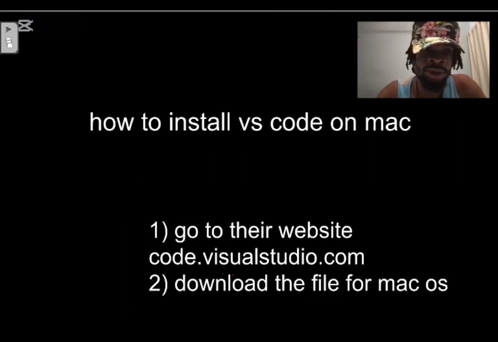So you've downloaded this on your Mac now, and during installation you can just follow the default settings. In my next video, I'm going to post another video about how to set up your VS Code.